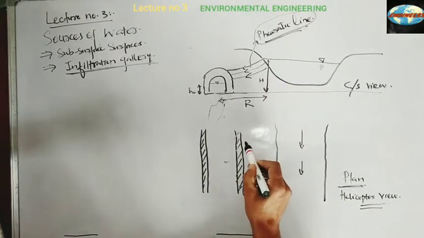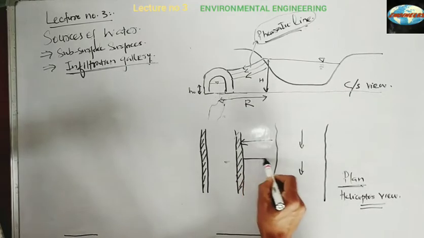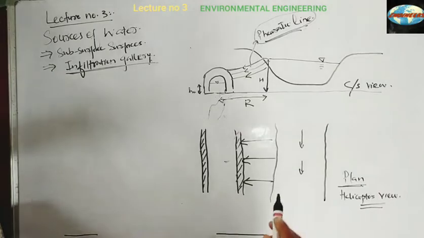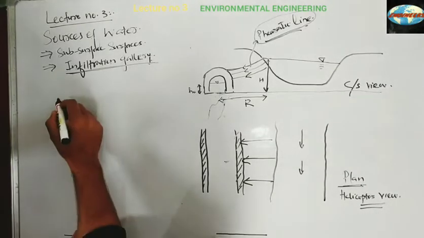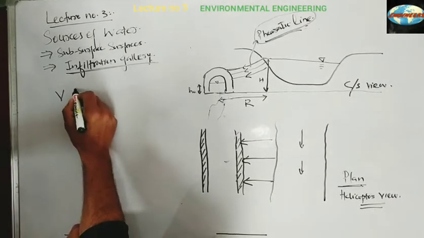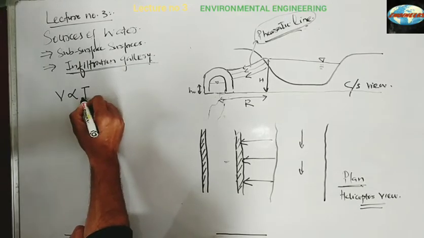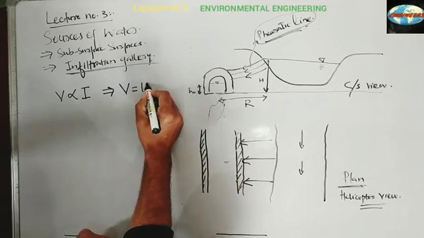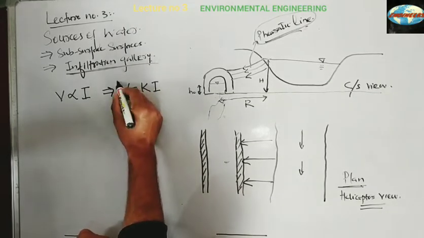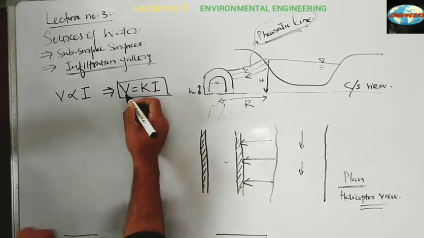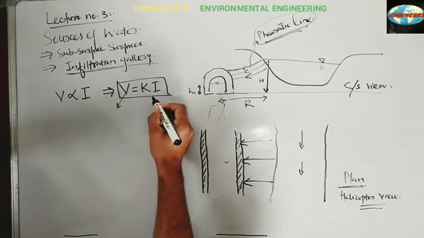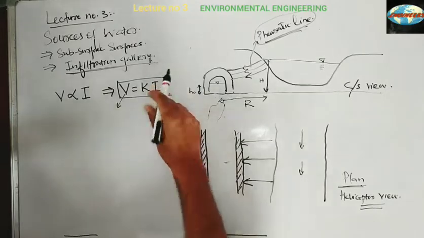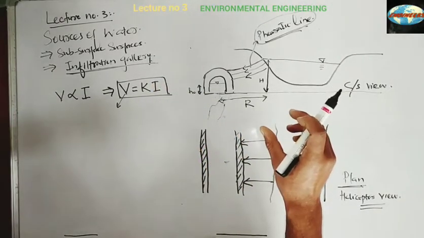How much discharge we are getting into this infiltration gallery will be given by Darcy's law, which says that the velocity is directly proportional to the hydraulic gradient, or when we use the coefficient of permeability as a constant, then V is equal to Ki. That is, the velocity through any permeable strata will be equal to the coefficient of permeability of that strata multiplied by the hydraulic gradient that is existing.